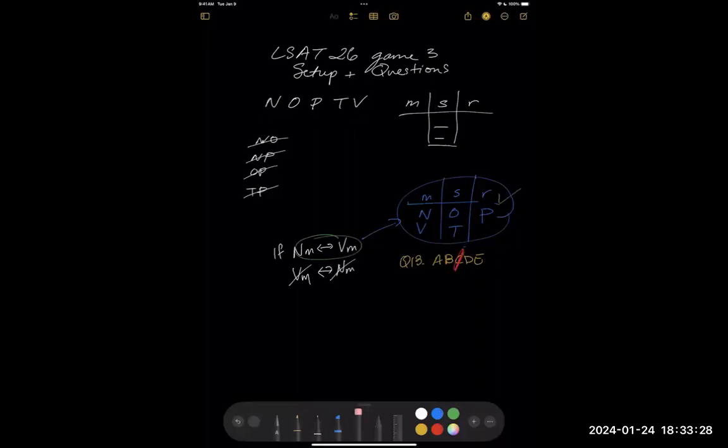All right. We can't have N and O go to the same activity, so the first two can't be the same. Okay, so none of the examples have that error. And then O and P can't go to the same one, so the second and the third in the list can't be the same.